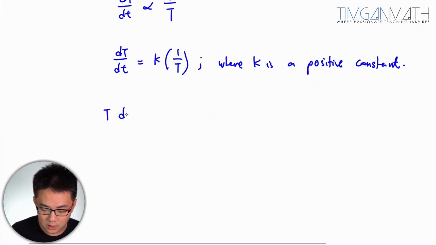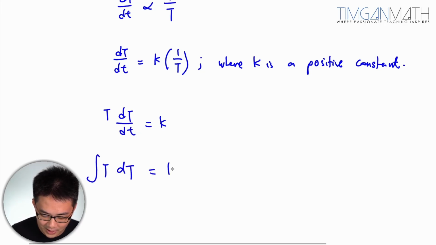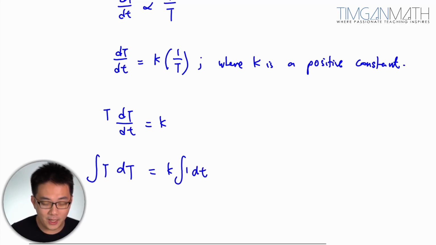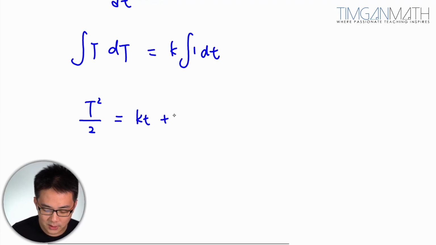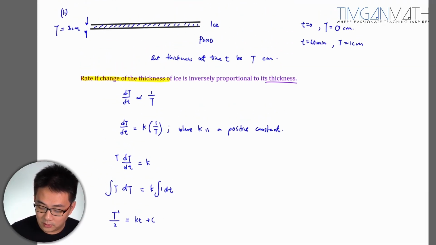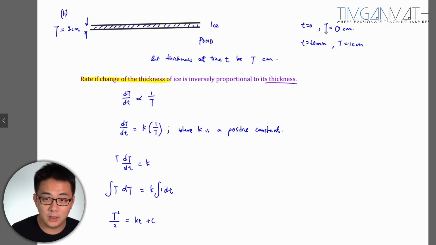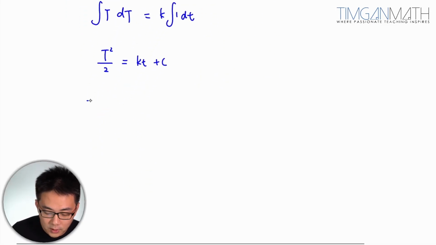Okay, that's okay. So this is a pretty okay question. This is T dT equals k dt. So this is the integration of T dT equals k dt, and this will give us T squared over 2 equals kt plus c. So when small t equals 0, capital T is actually 0.